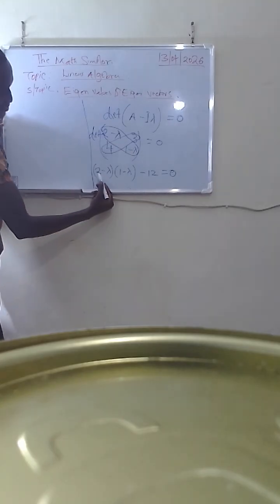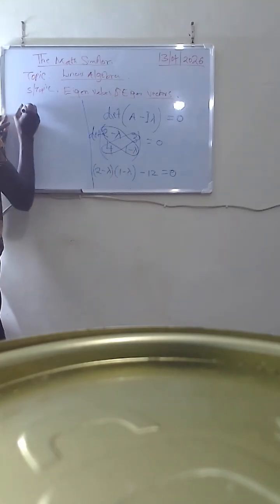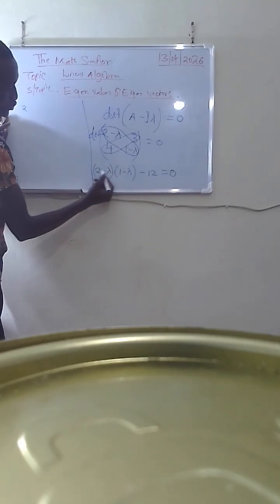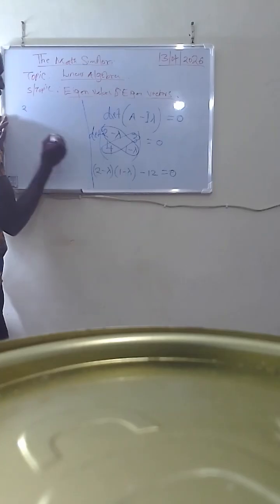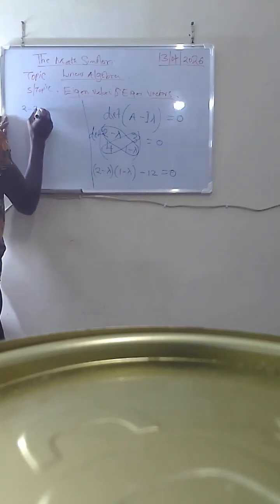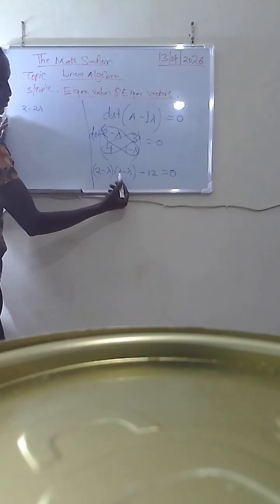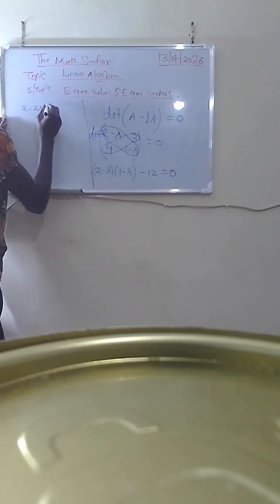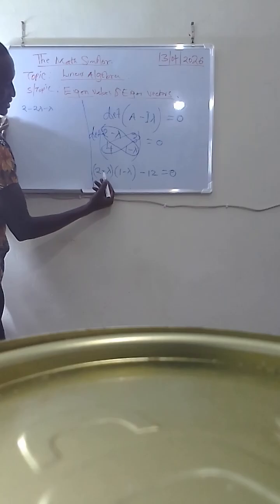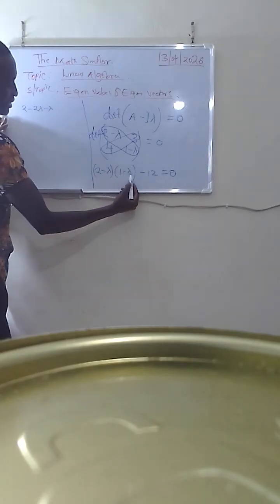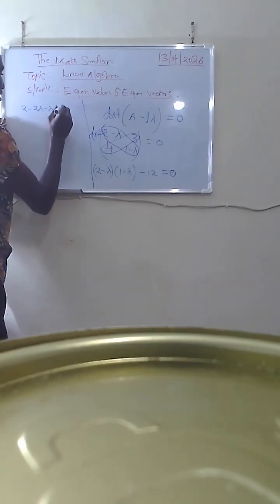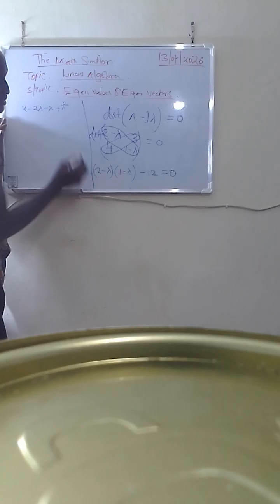It will be 2 times 1 is 2. 2 times negative lambda is minus 2 lambda. Minus lambda times 1 is minus lambda. Minus lambda times minus lambda will be plus lambda squared.